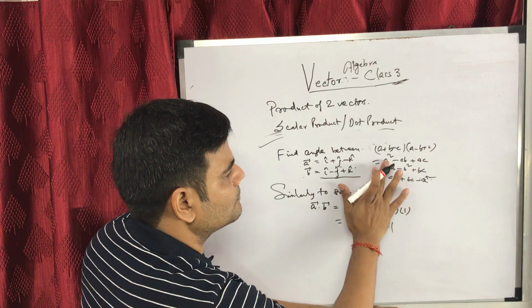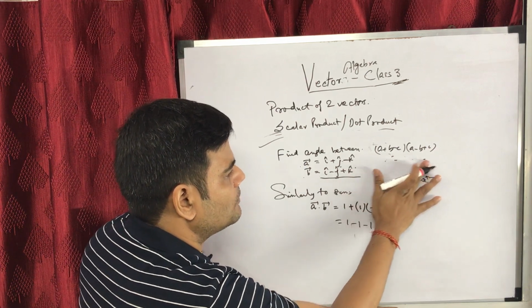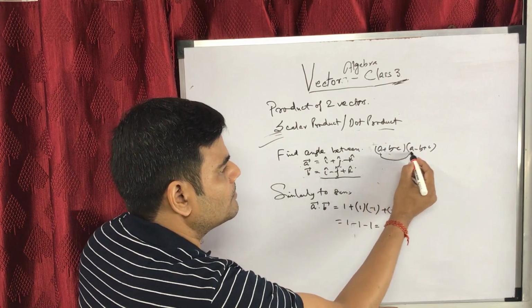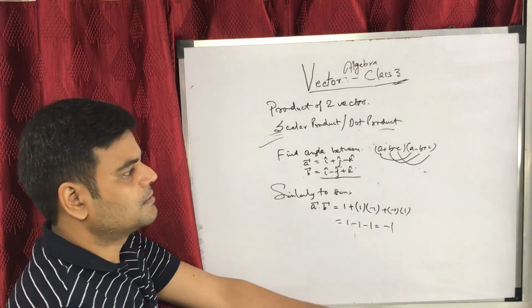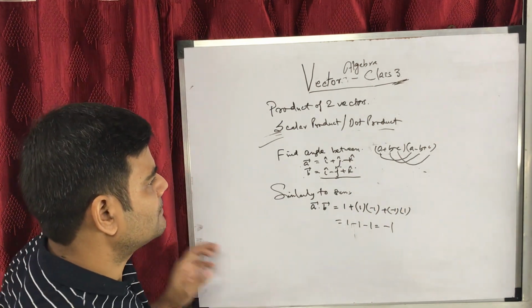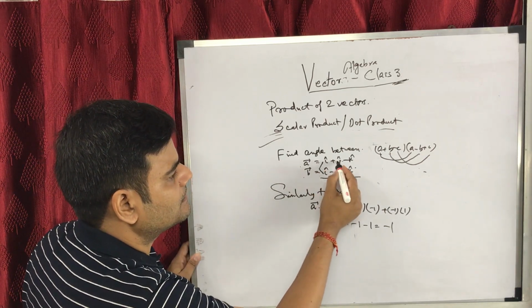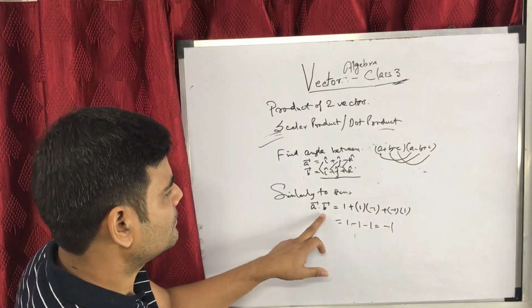We don't have to do that. Here, if it's a dot product, the i component simply gets multiplied by i component, j by j, and all are summed up. So similarly, the i coefficients multiplied, j coefficients multiplied, k coefficients multiplied. So A dot B is this.